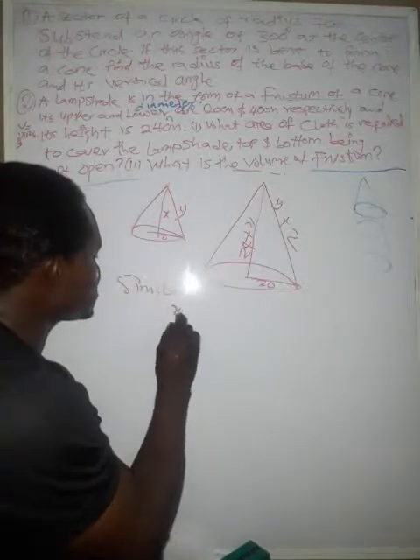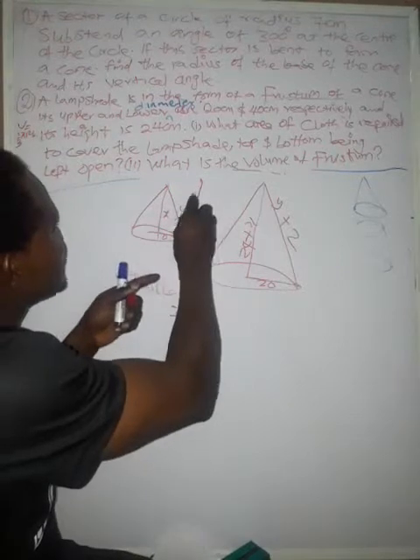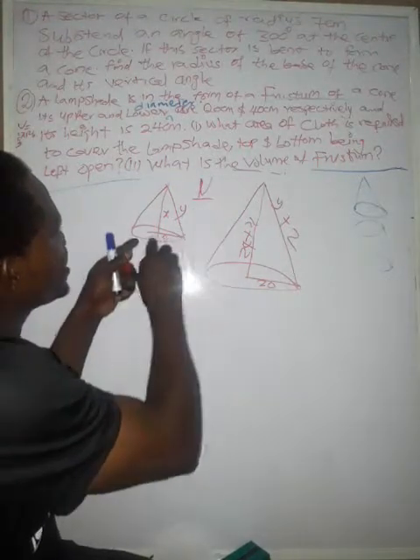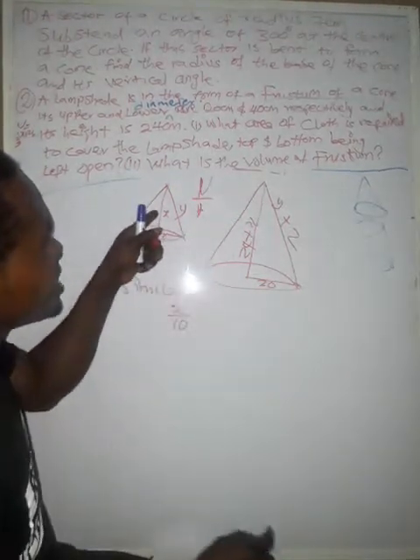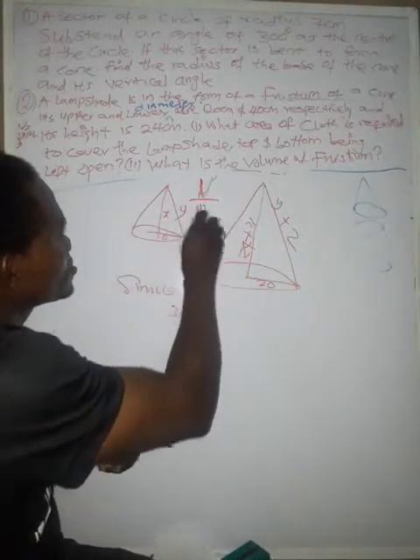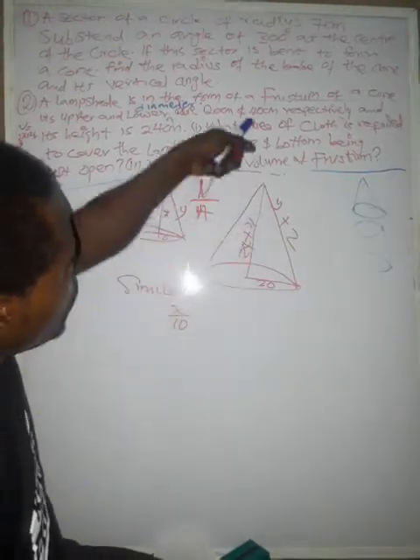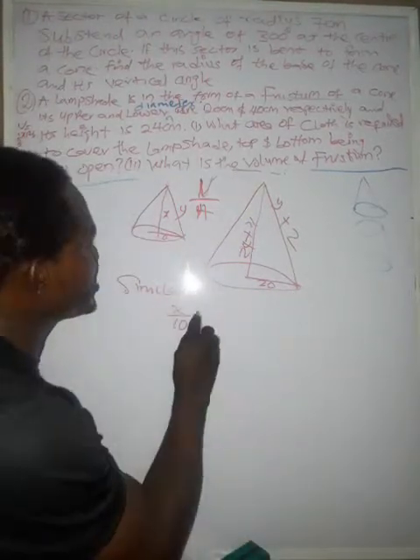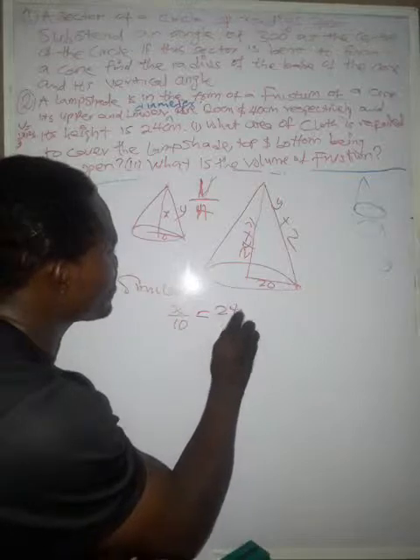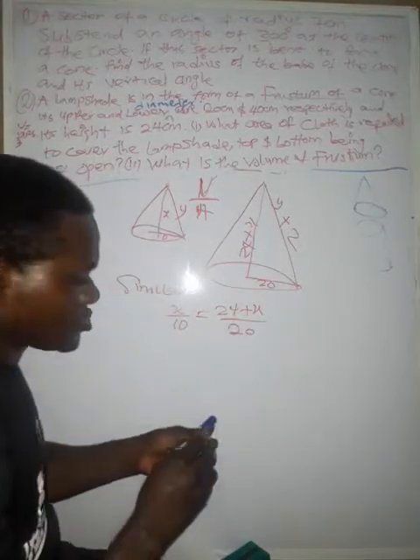So now I will say X over 10, which means I picked vertical divided by horizontal. That's what I did here. Vertical divided by horizontal. So I will do the same thing here: vertical divided by horizontal equals 24 plus X over horizontal 20. You see now.